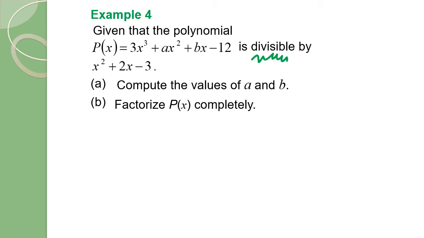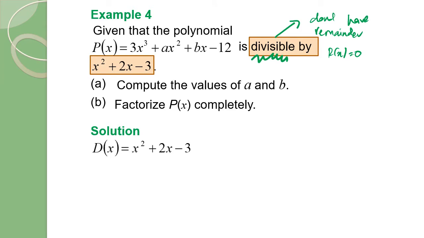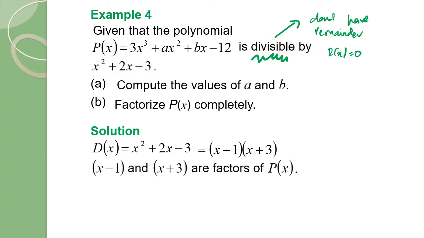If it means divisible, we don't have a remainder. We don't have a remainder means that if we divide by x squared plus 2x minus 3, the remainder R(x) will be 0. So, x squared plus 2x minus 3 can be written as (x minus 1)(x plus 3), which means that x minus 1 and x plus 3 are factors of p(x).